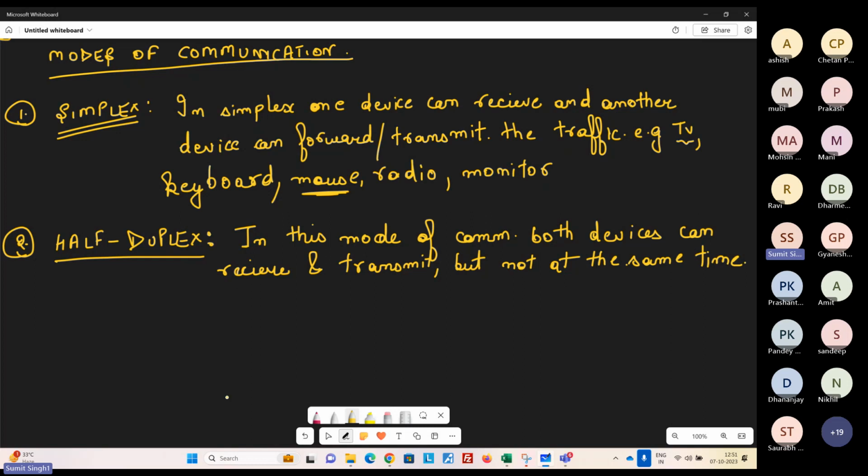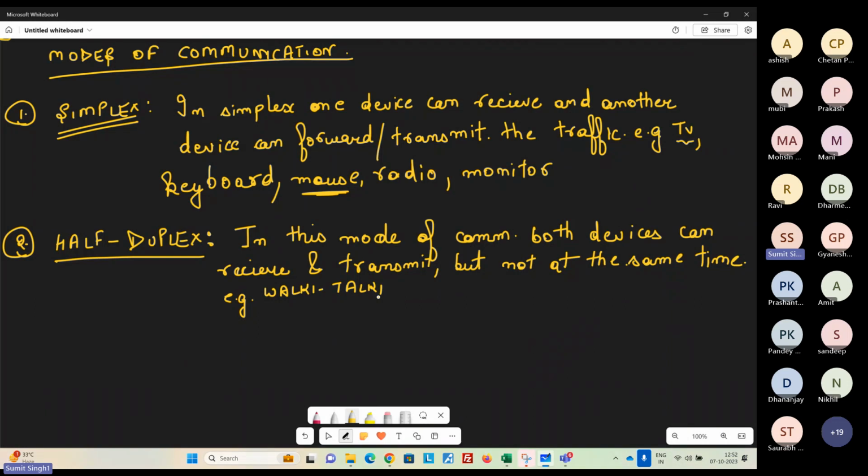For example, your walkie-talkies. I don't know how many of you have used walkie-talkies, but when I used to work at the airport, I used walkie-talkies a lot as part of ATC, air traffic control. In walkie-talkies, there is a frequency set. Once you press the button, you can either speak or listen, but not both at the same time.